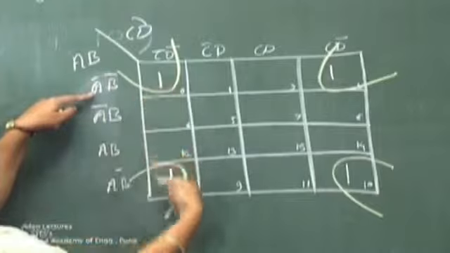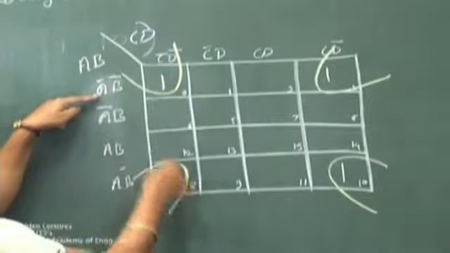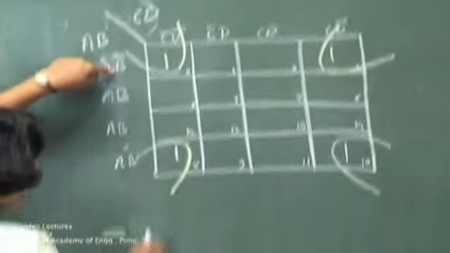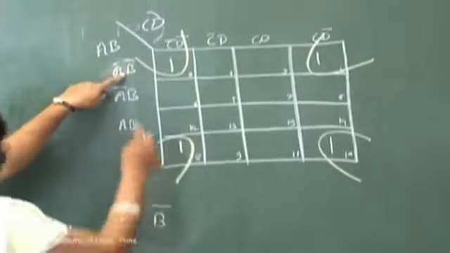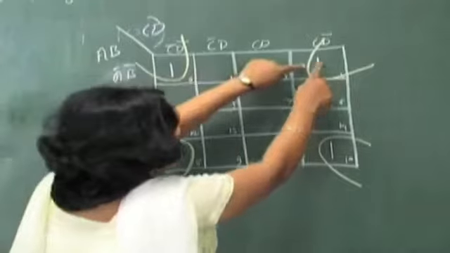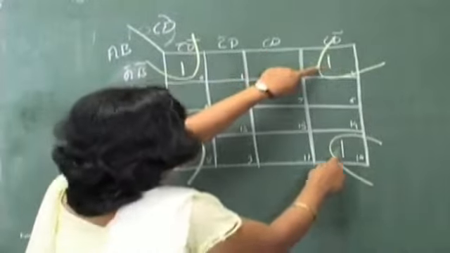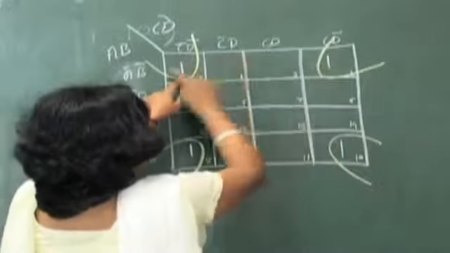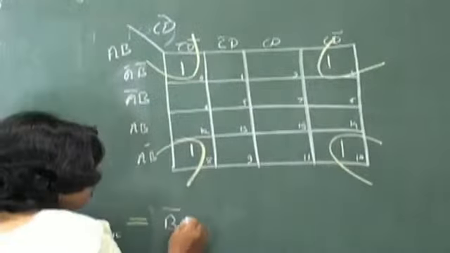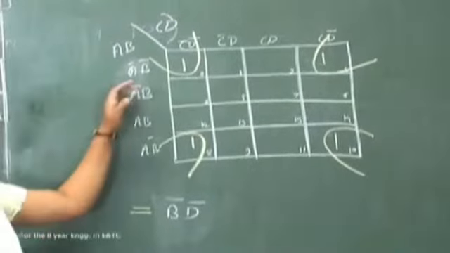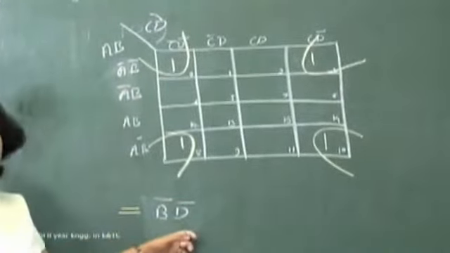But if I see vertically, out of these ones only B bar is common, so I can write B bar. Again, for these 2 ones, C D bar is common, but if I see horizontally, out of these 2, D bar is common. So my answer for these 4 ones, which have formed the quad, is B bar D bar.